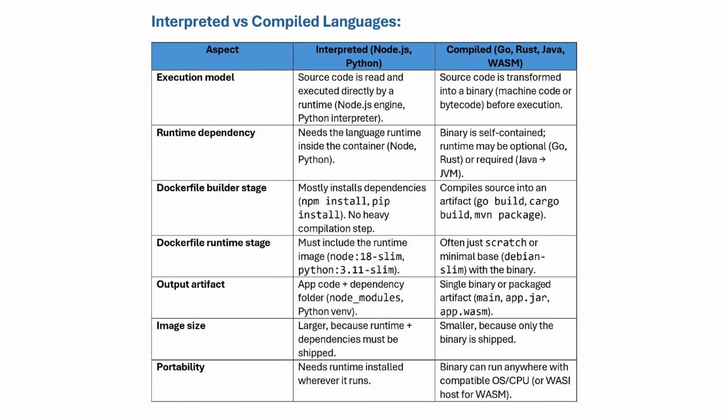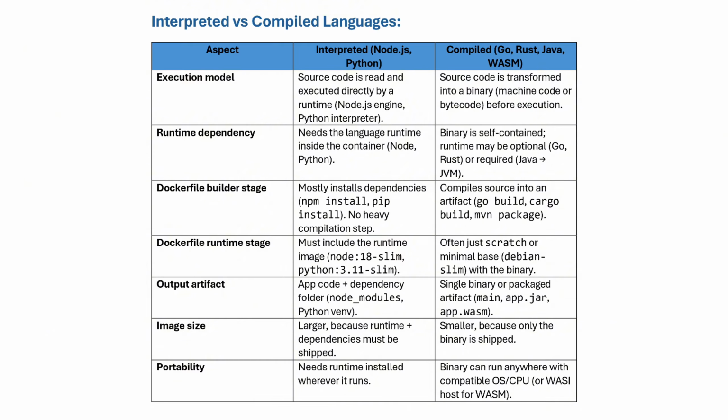Whereas in compiled languages, the application or code is first compiled into a single binary or a single packaged artifact, that is main or app.jar or app.wasm, because when the app is in a single packaged format, only then can it be compiled into binary or machine code.